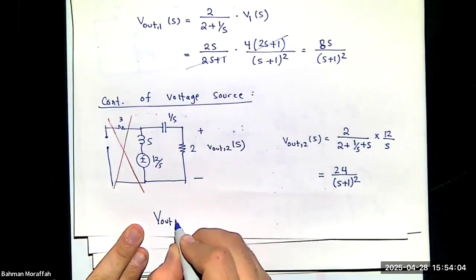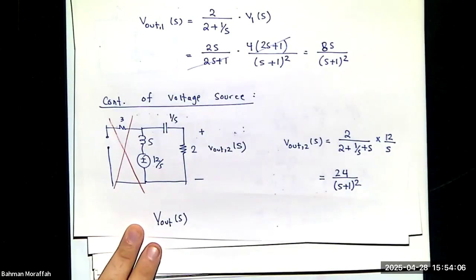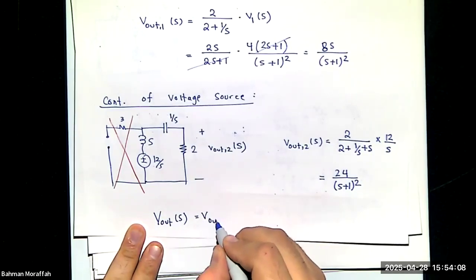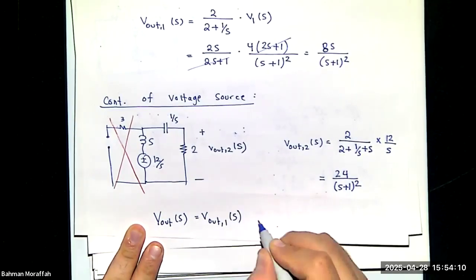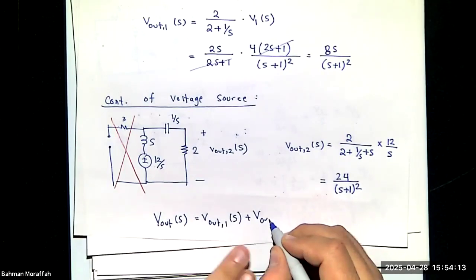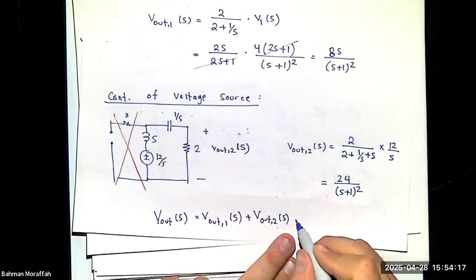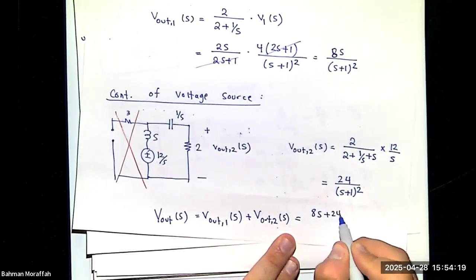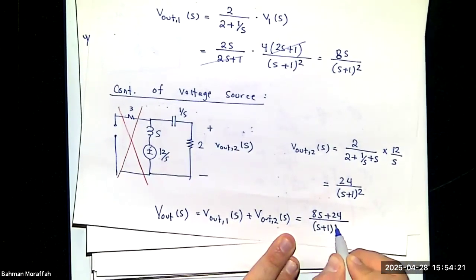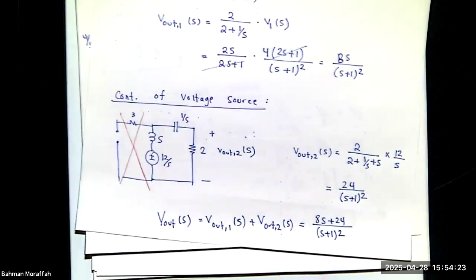What is V out of S then? That is V out 1 of S plus V out 2 of S, which is 8S plus 24 divided by S plus 1 squared. Which again, I can use to find V out of t.